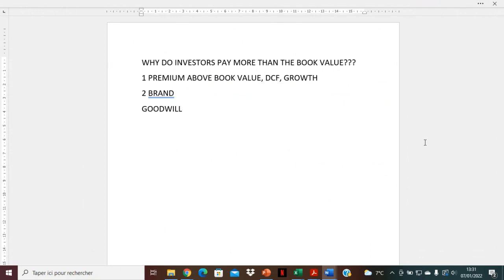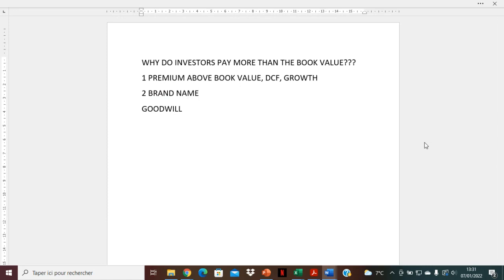That means the brand name of Apple is not in the balance sheet of Apple. And the brand name of Google is not in the balance sheet of Alphabet. And the brand name of Coca-Cola is not in the balance sheet of Coca-Cola. In all those cases, we have internally generated brand names, trademarks, and so on, and they are not in the balance sheet.